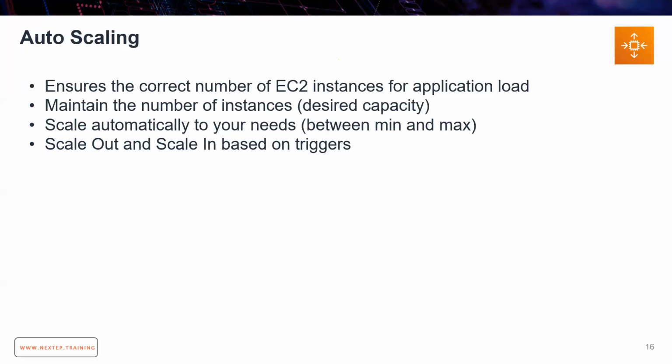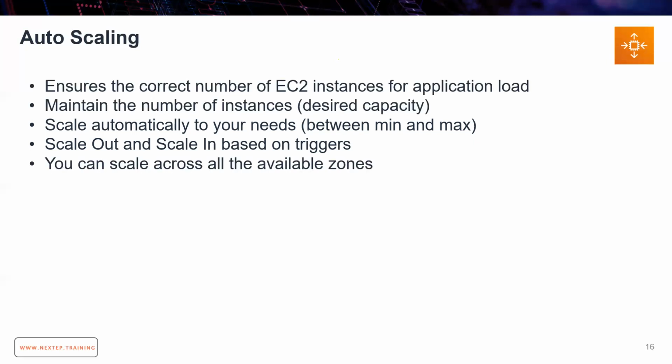That's the scenario where the load is increasing. You can do an average CPU utilization or your network in, network out. So different varieties are there. But these are all the metrics that can trigger scale out, meaning adding instances, or scale in, meaning terminating instances.